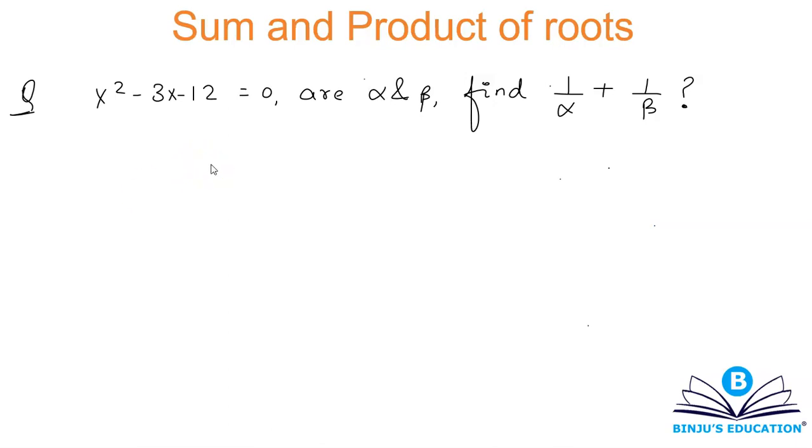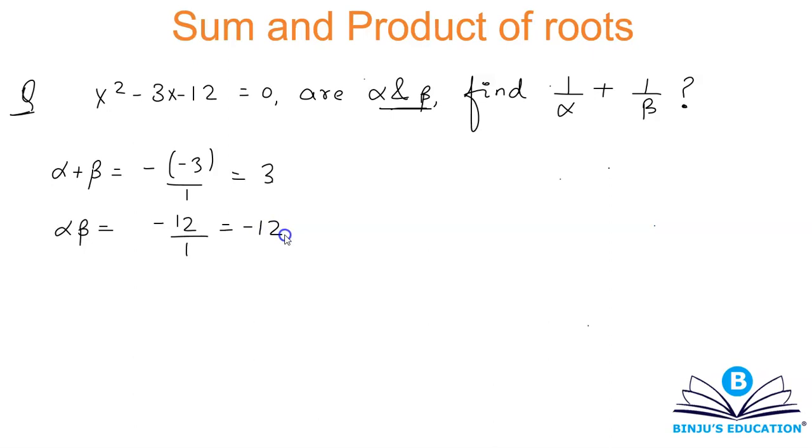So how can we solve this? If the two roots are alpha and beta, I know that the sum of the roots, alpha plus beta, is minus b by a, so that's minus of minus 3 divided by 1, that's equal to 3, and alpha beta is equal to c by a, so that's minus 12 by 1, which is equal to minus 12.